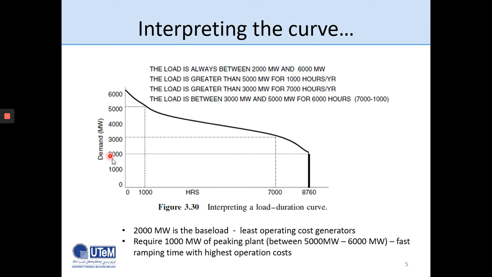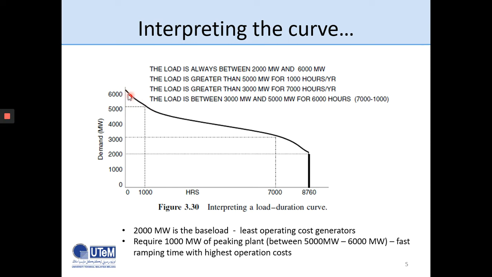And then from the whole year, we have 1,000 hours where we have peak value, right? So from 6,000 to 5,000, we have 1,000 hours where we need to supply, but only for a short time.